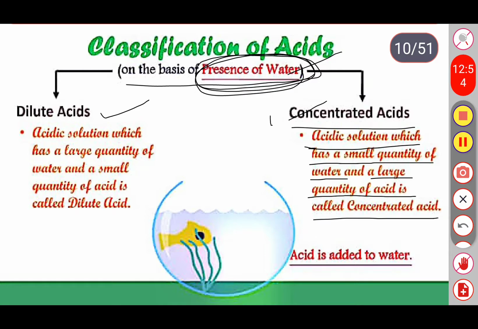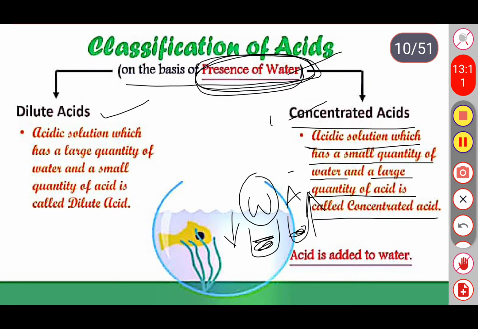In concentrated acid we have only a small amount of water and a maximum amount of the acidic substance in the solution. That type of solution is considered a concentrated acid.